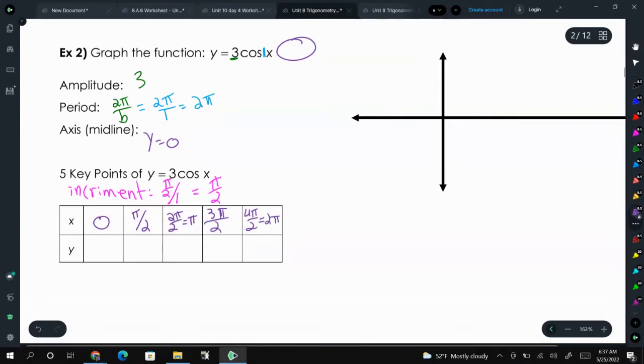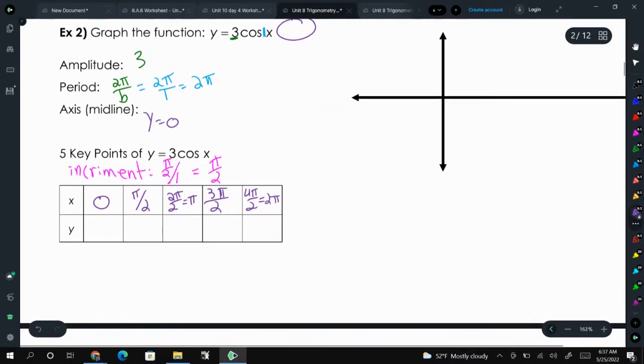Now the y values. We have to, again, think about the unit circle. What is the cosine of 0? But then multiply that by 3, that 3 in front. That's our amplitude.